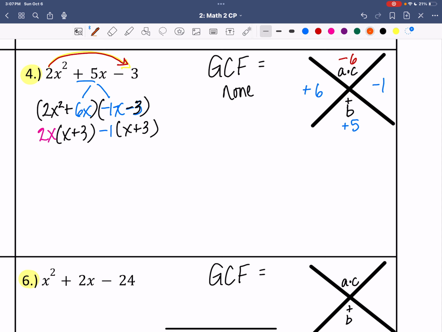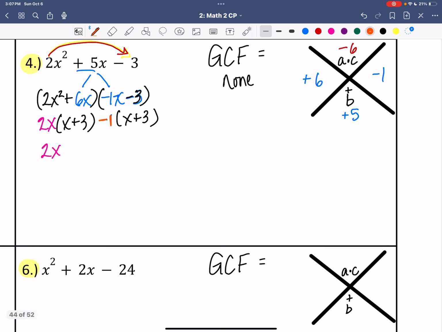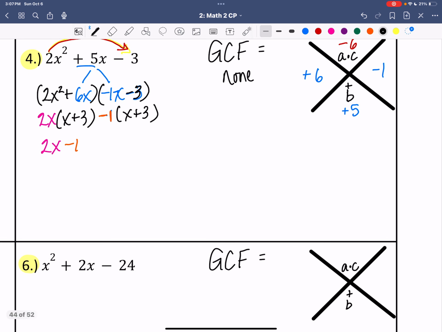So let's go ahead and write all of this together. 2x minus 1. That's one set. And then your other set should be x plus 3. These two should be the same. And that's how you factor it down.